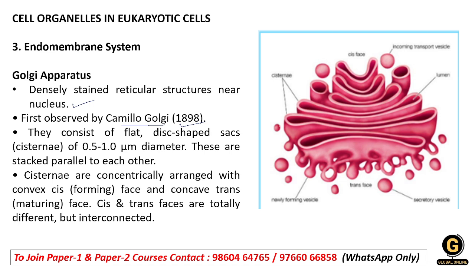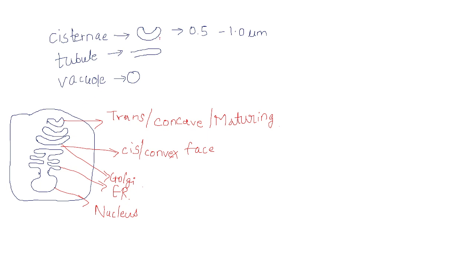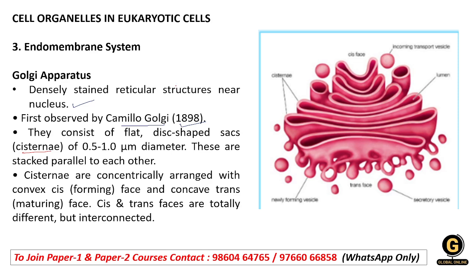Now see, this was observed by Camillo Golgi in the year 1888. They consist of flat or disc-shaped sacs. काय आहेत? डिस्क शेप किंवा फ्लॅट सॅक्स आहे, त्याला आपण काय म्हटलोय? सिस्टर्नी. त्याचं स्ट्रक्चर आपण इथे बघितलंय. काय त्याचं साईज? 0.1 to 1.0 मायक्रोमीटर इन डायमीटर, राईट?